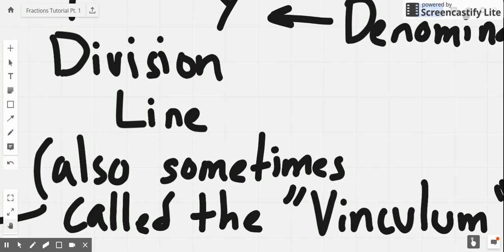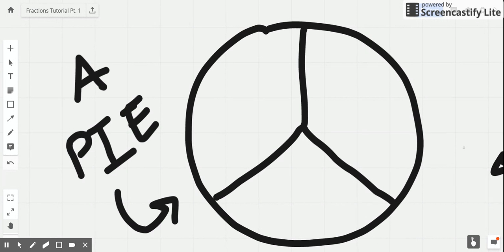So a good way to think about fractions is to think of a pie that has been divided into several slices. This pie right here has been divided into thirds. The thirds and sixths is what I'm going to be really using in this video a lot, just because it's easier to use, at least for me. So here's a pie. It's been divided into thirds.